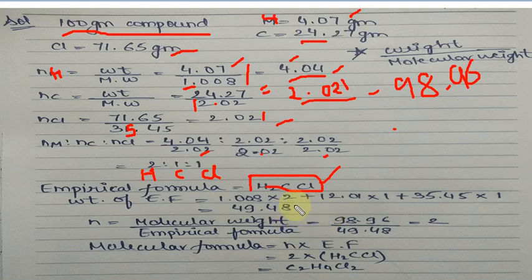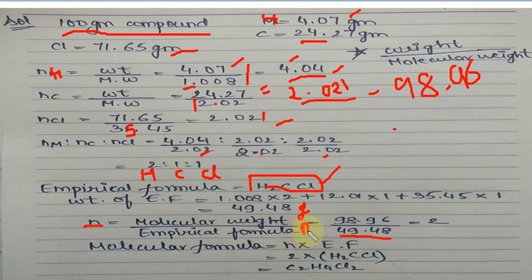Next we will divide molar mass by empirical formula mass. So n is equal to 98.96, which is given in your question, divided by 49.48, which we have calculated, known as the empirical formula mass.